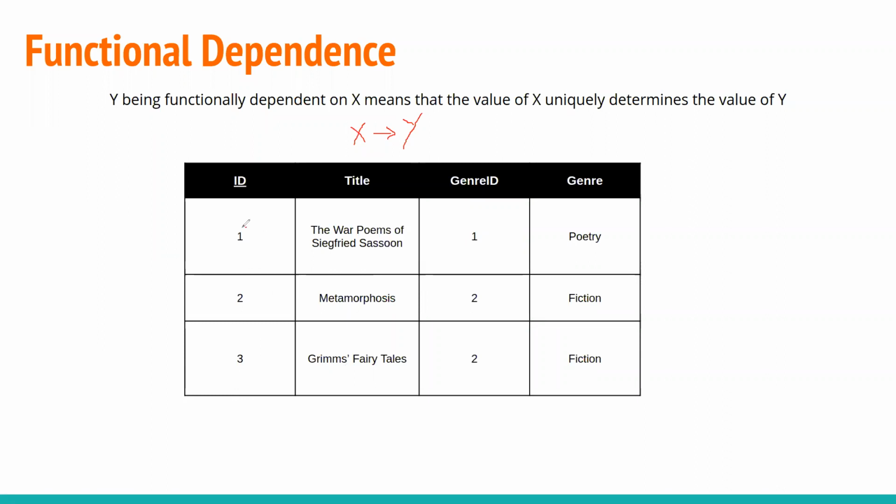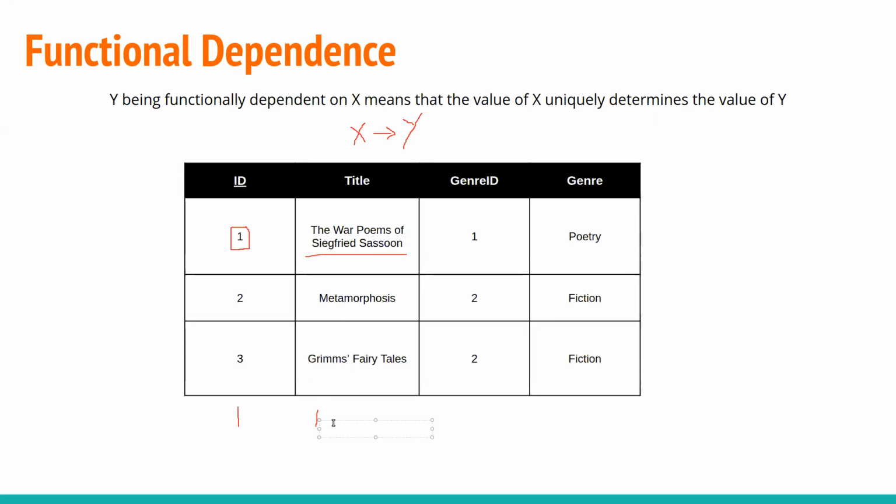So if I know that I'm talking about a book with ID 1, 1 will only specify one title, for example. Let's say hypothetically there was another entry in our database with a 1, and the title this time was Alice, like Alice in Wonderland. Let me just type it because that'll be easier.